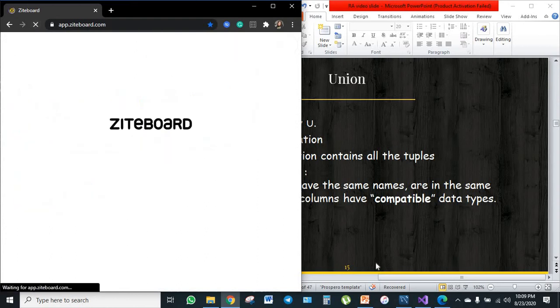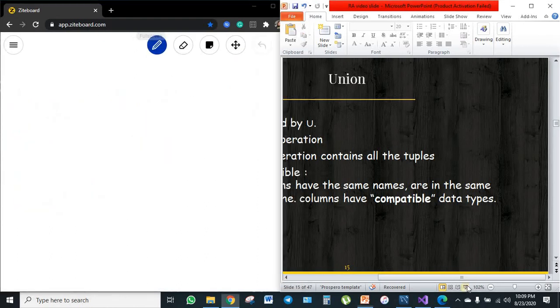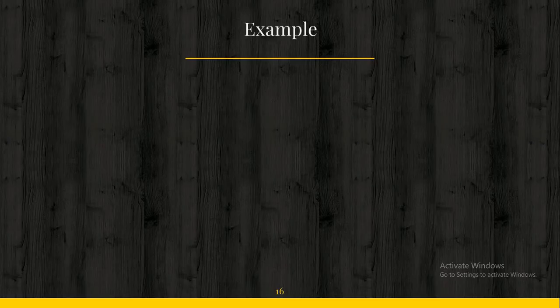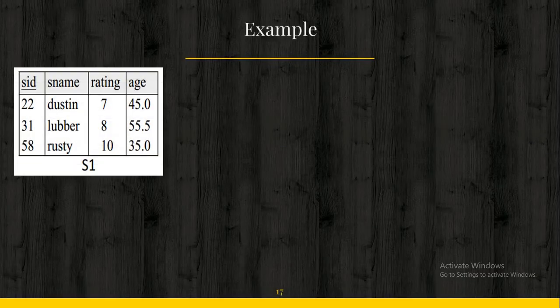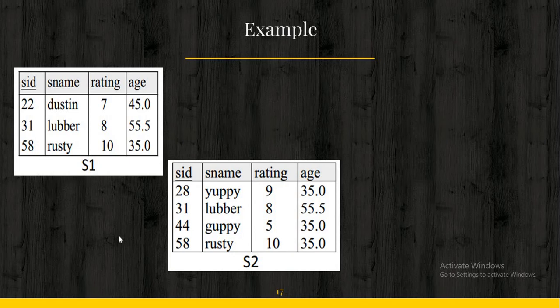So this is a very important concept, not only for the union but also for the intersection and set difference. So I'm now going to another example. Here is the S1 table and here is the S2 table. Both are sailor tables. Okay, and here SID, name, rating, that means we can do the union of these two tables.